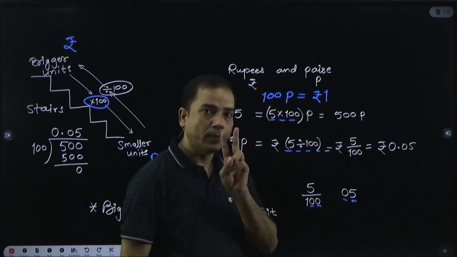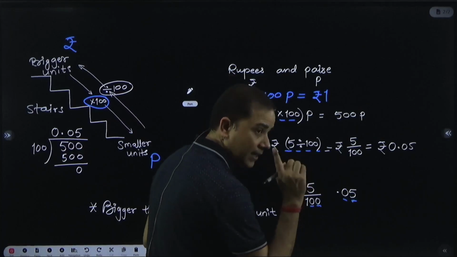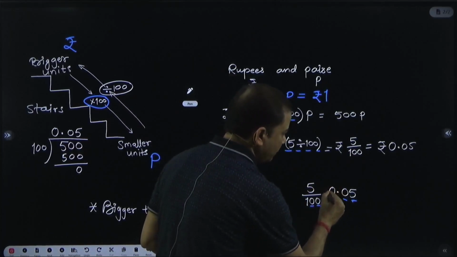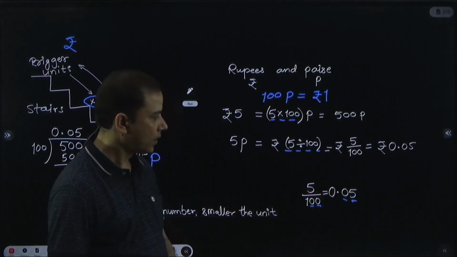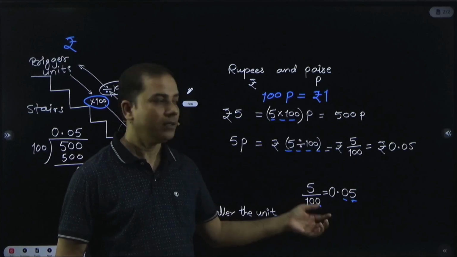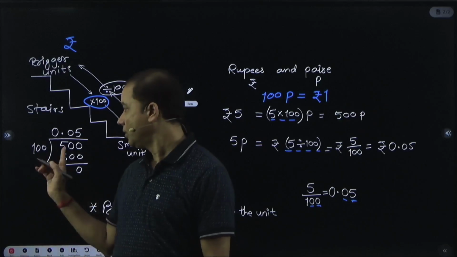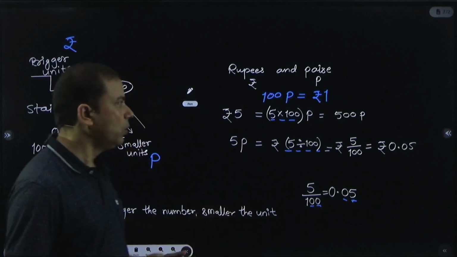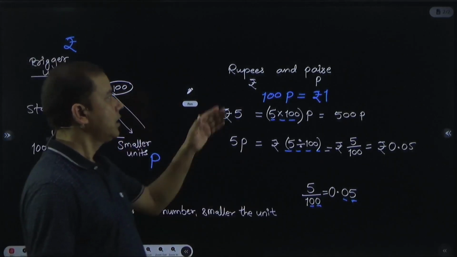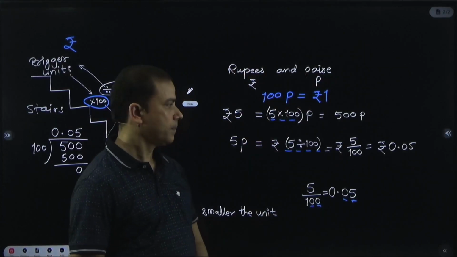So now 2 places are complete, and you can put a decimal here and an extra 0 before the decimal. So it is 0.05. This is the shortcut manner to get the result of division. You can do long division, or you can do the short trick. I hope you understood how to change rupees to paise or paise to rupees.